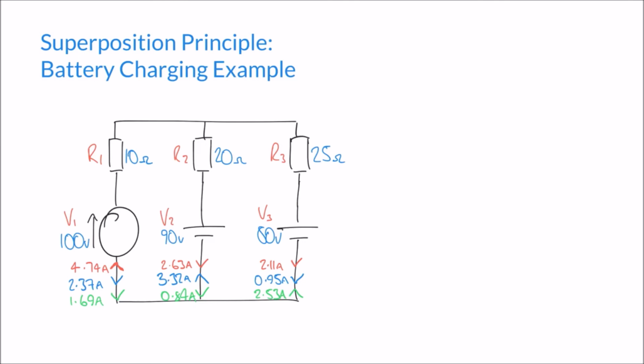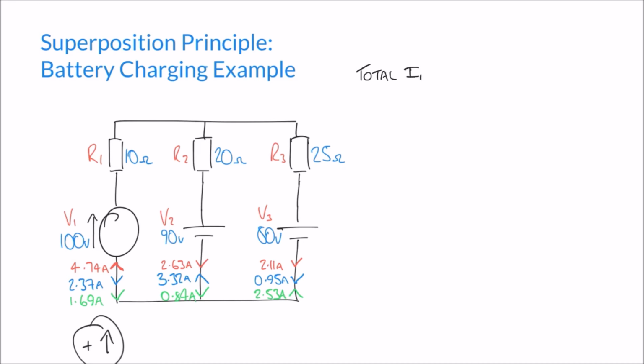To do that, I'm going to take a convention of assuming that upwards is positive. So if our currents are upwards in their direction, I'm going to call that positive. If they're downwards, I'm going to take them as being negative, just to make this last evaluation a little bit simpler. So just on the side here, we can calculate our total I1 to begin with.